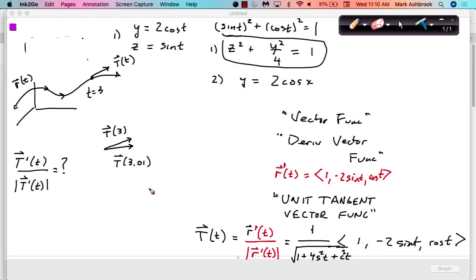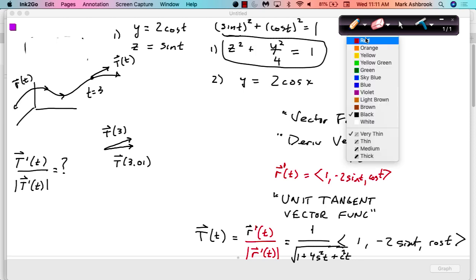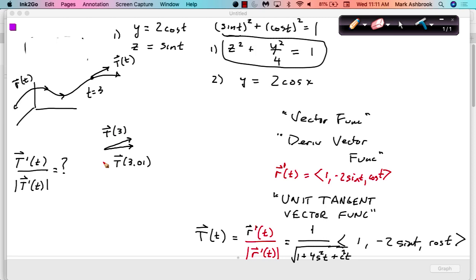So what's the change in the T vector from 3 to 3.01? How could we represent that? Represent it physically here. The change from here to here. How do we calculate change in general? Final minus initial, right? And when it comes to vectors, that would be vector subtraction. It'd be this vector minus this one.